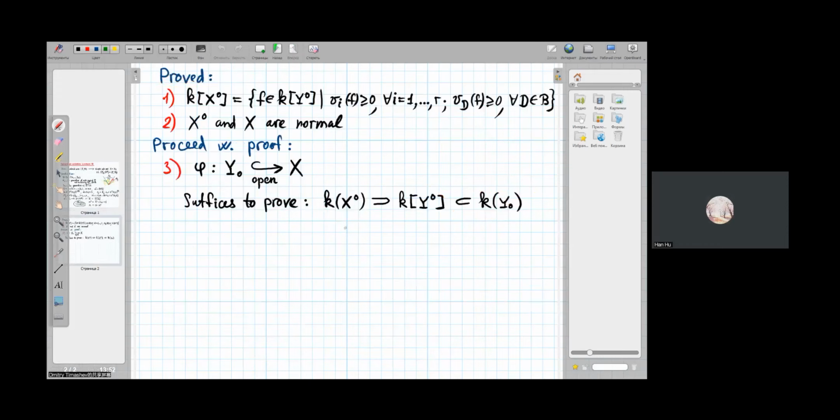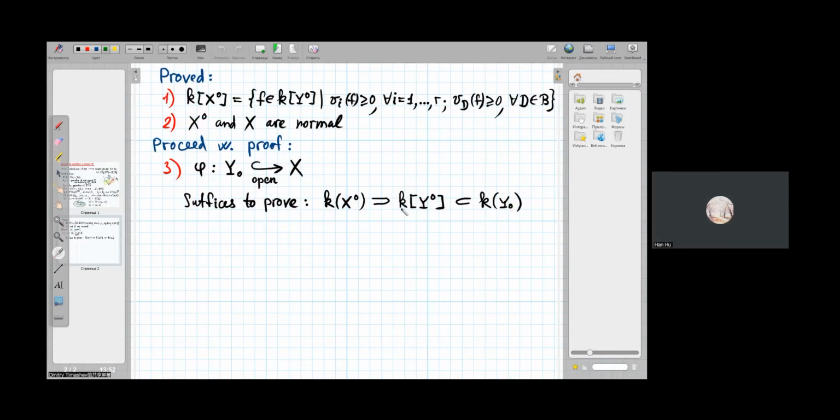As I said, the pullback map of phi embeds this field into this field. But if we prove that the pullback of this field contains this subalgebra, then this field will be equal to this one, because Y upper knot is an open affine subset in Y lower knot.